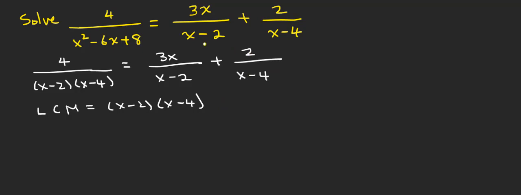Now before we do that, we know that x cannot equal 2 and x cannot equal 4. Because when x equals 2, the denominator goes to 0, so it will be undefined. Same thing when x equals 4.